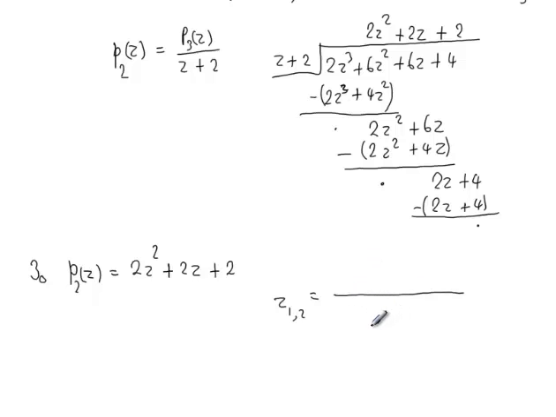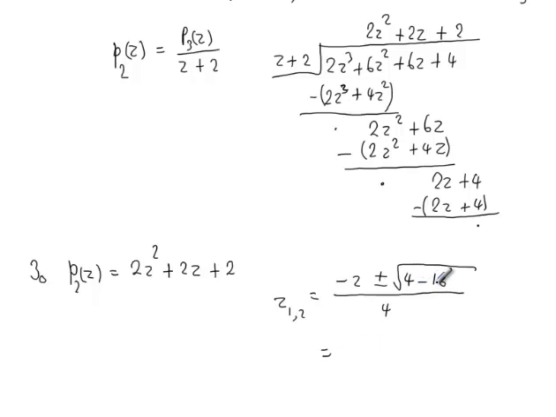Now I'm going to read the formula into this. I'm not going to rewrite the formula of A, B, C. I'm just going to say minus B, that's minus 2, plus or minus the square root of B squared minus 4AC. That is minus 16, is it? Minus 16, all over 2A, which is 4.